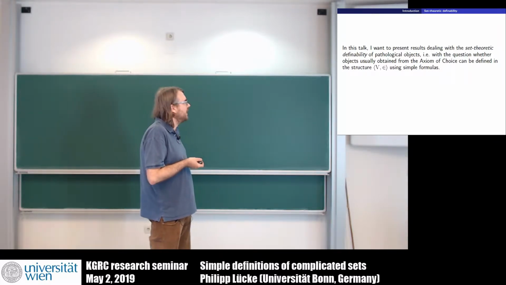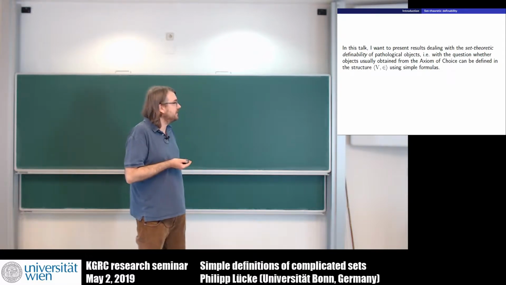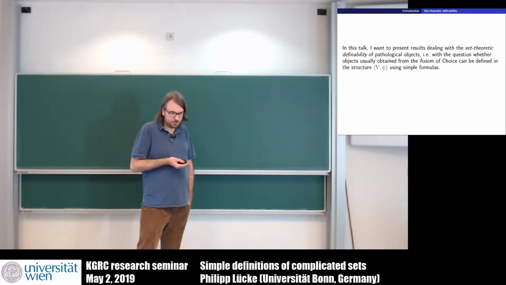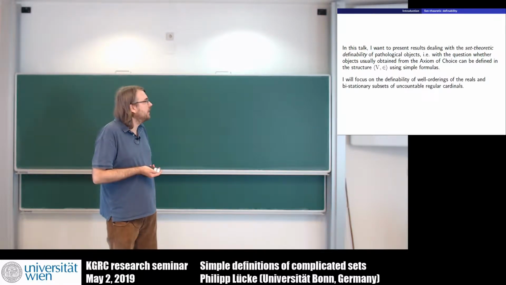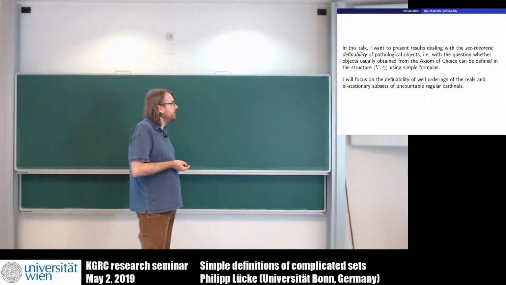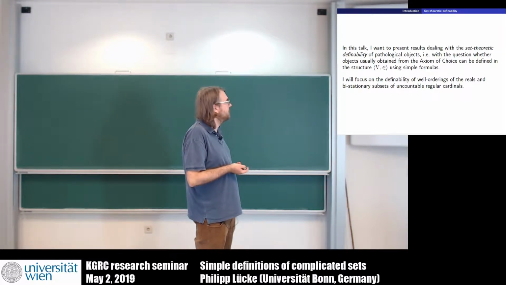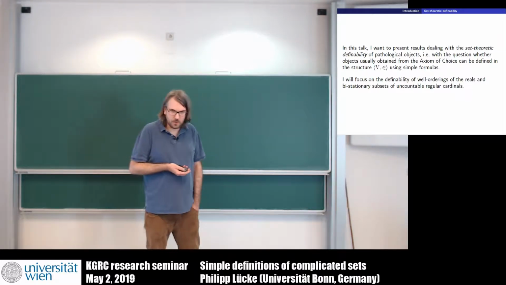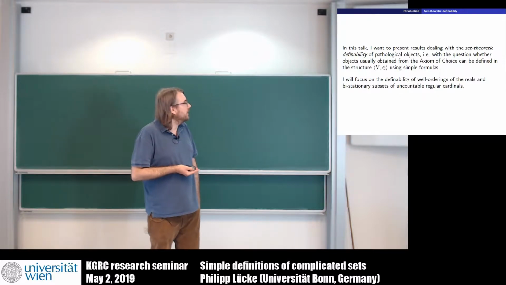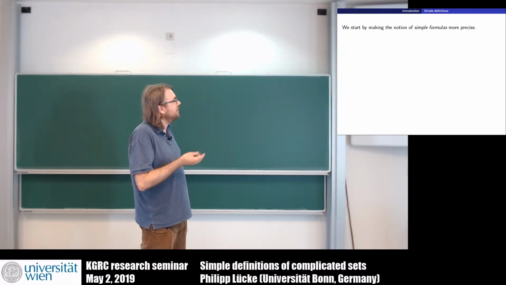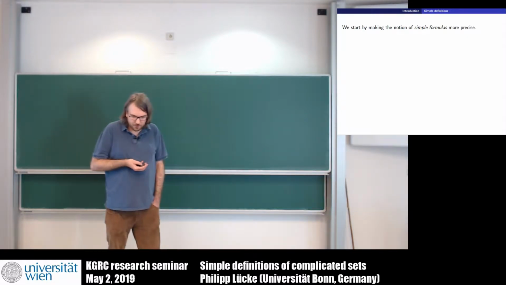Okay, and what I want to do in this talk is consider the set theoretic version of this question. So I ask whether such sets can be definable in V by simple formulas. My main examples will be well orderings of the reals and bistationary subsets. Okay, and now I have to say something about what simple definitions are.